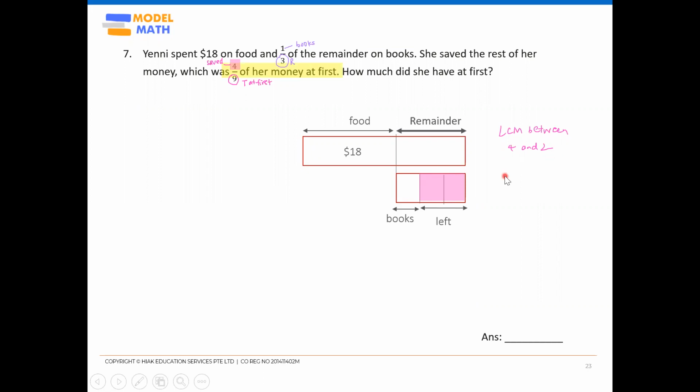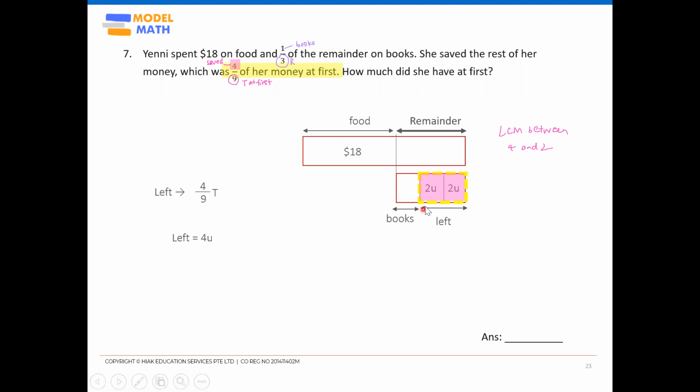Of course, some of you might want to think of making 8 units, which is alright also. But the lower the number, the more convenient it is for you. So save is 4 out of the total at first. I need to show this as 4 units, which means I need to change this to 4 units, by either cutting it further or just assigning 2U, 2U to each of them.